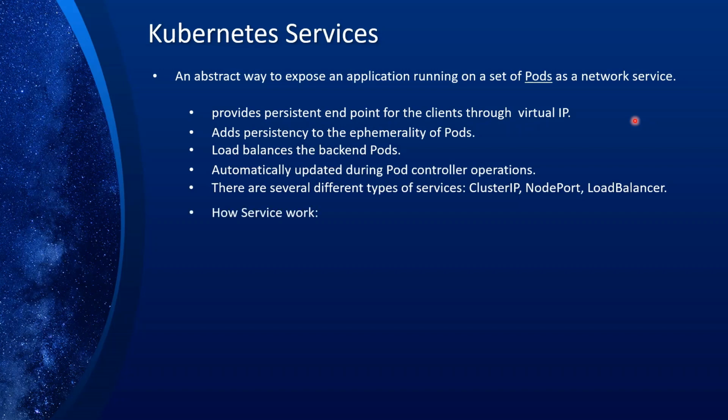Now let's see how services work, kind of an overview. Services match pods using labels and selectors. When you create a deployment, in that deployment there is a pod section, and in that section you specify the label for those pods. And when you create a service, you tell the service in the selector section that these are the pods I'm looking for, and those pods are represented by this label.